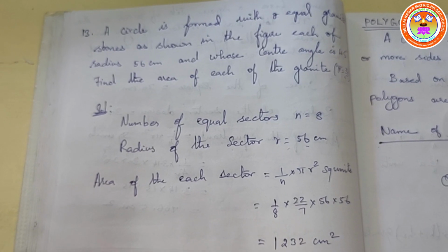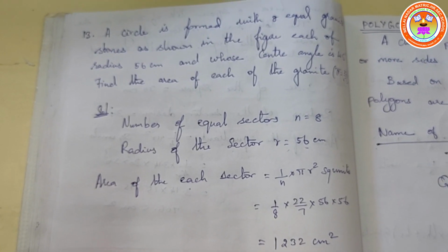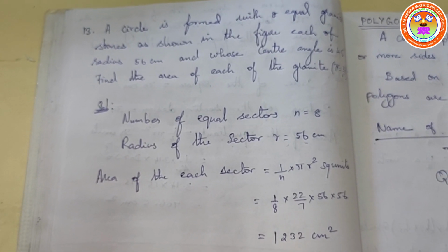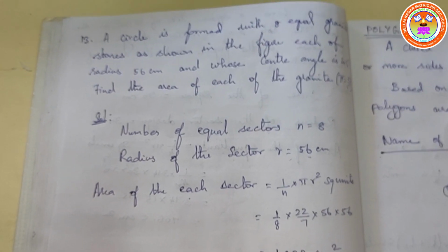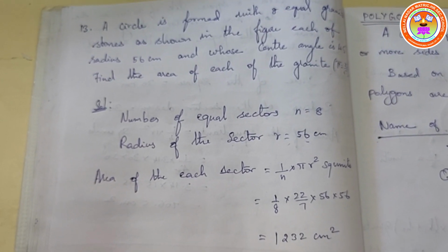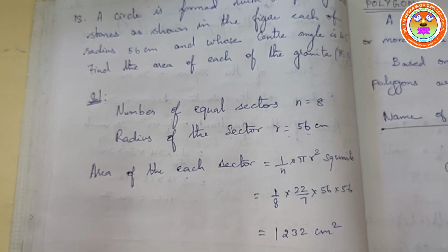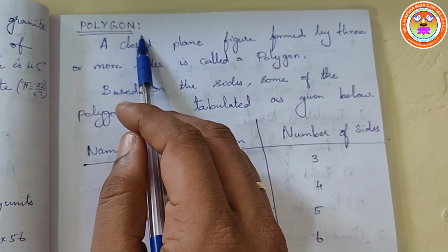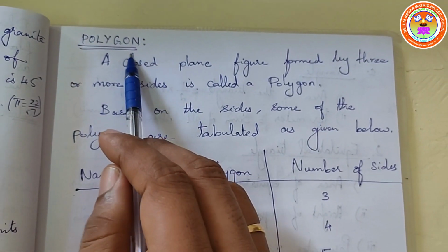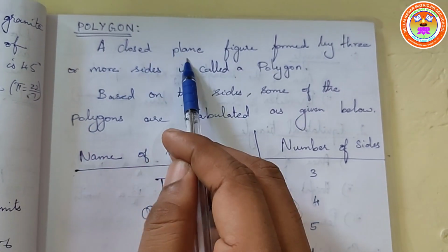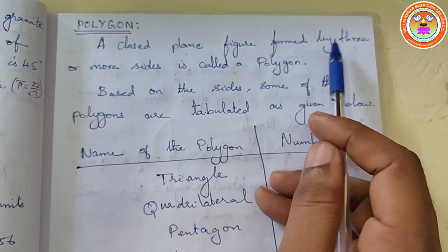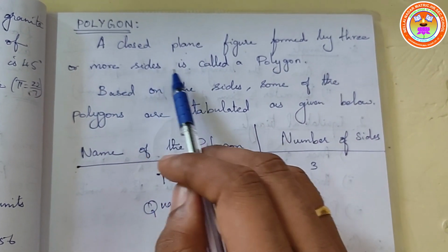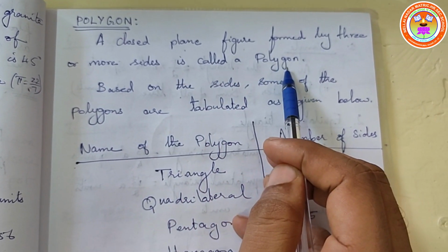Next we are going to see a new chapter called polynomials. After this, take a new page and write, or otherwise you continue with this. We'll see what the topic is. Put the topic polynomial. Under this topic you write, a closed plane figure formed by 3 or more sides is called a polygon.